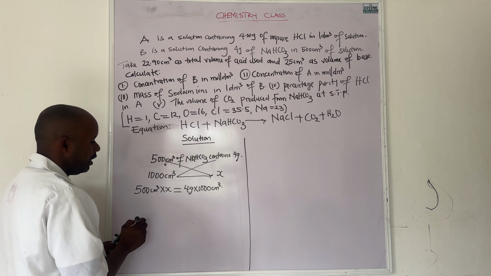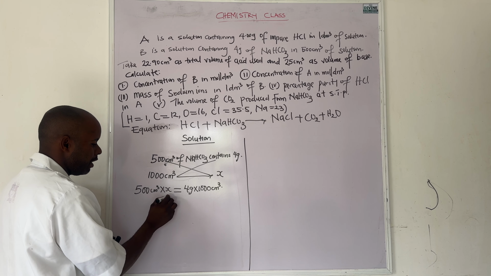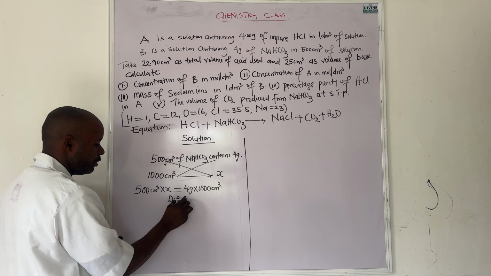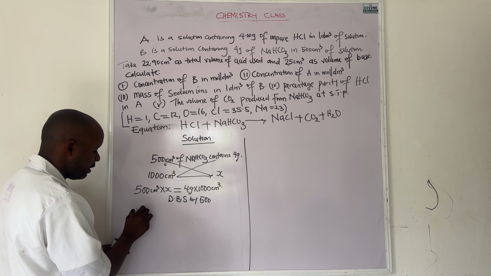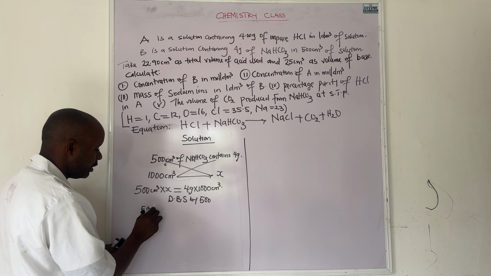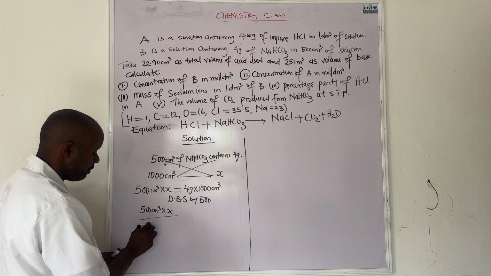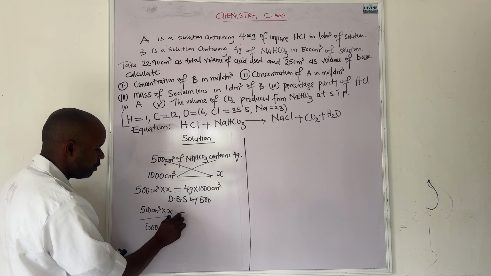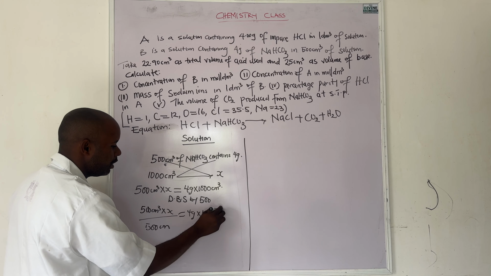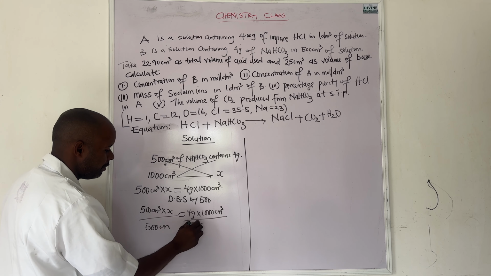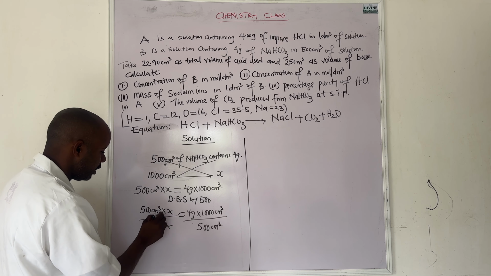So that is to say, for us to have S on its own, we're going to divide both sides by 500. So if you divide both sides by 500, you're going to have 500 cm cube times S all over 500 cm cube equals 4 gram times 1000 cm cube all over 500 cm cube. So here, this and this will cancel.